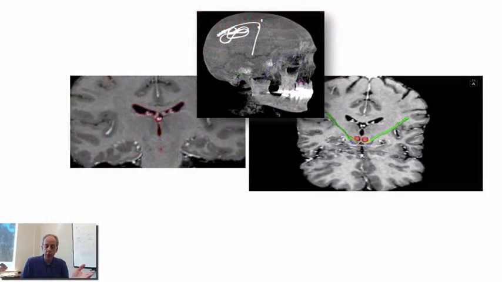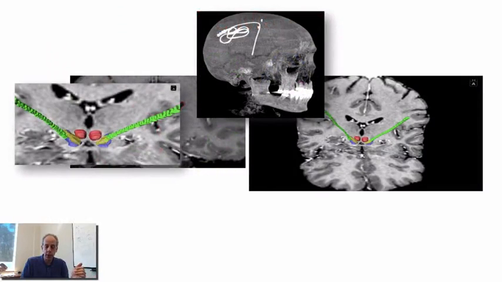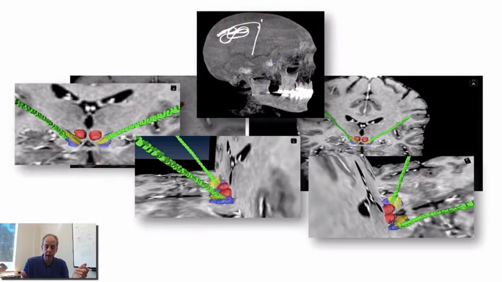Once you do that, you can map the brain and understand, these are actually electrodes that were implanted, and you can localize where exactly the electrode is touching in the brain. So it's really seeing inside our head, and a lot of image processing needs to go behind this to make this possible. And as I say, this is a very exciting area because the contribution of image processing here is tremendous.